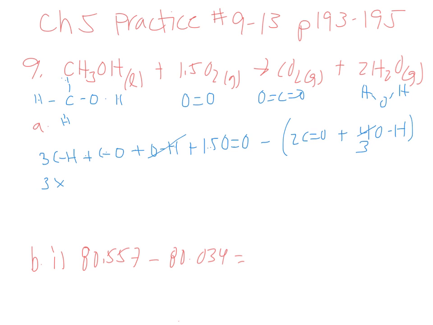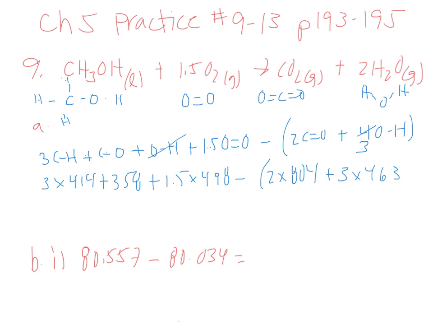So I've got 3 times 414 plus the C-O bond is 358 plus 1.5 times 498 for the O=O double bond minus 2 times 804 for the C=O double bond plus 3 times 463 for the O-H bond. And if I did my math correctly, I'm coming up with a delta H of negative 650 kilojoules per mole.